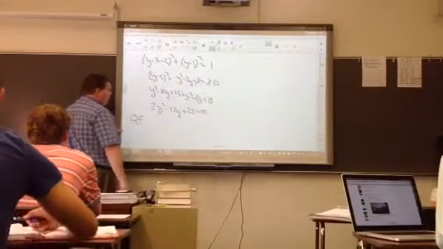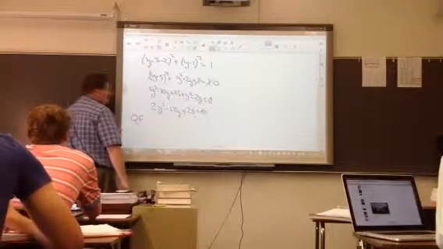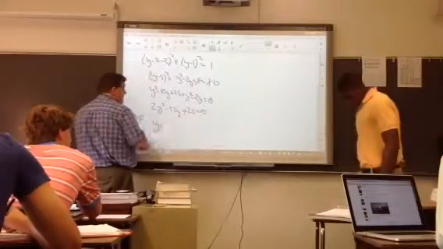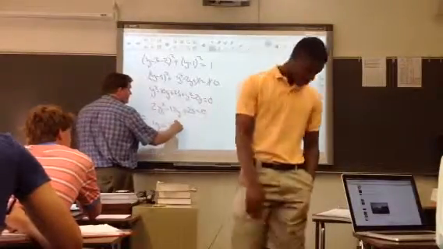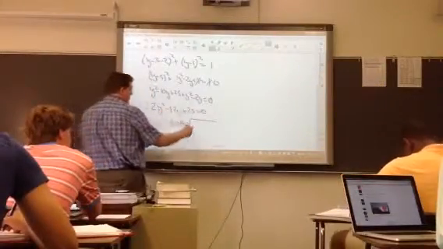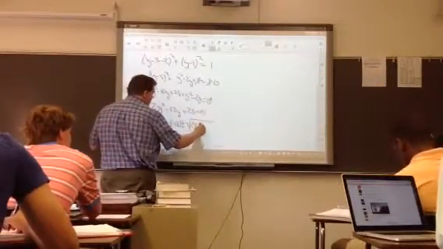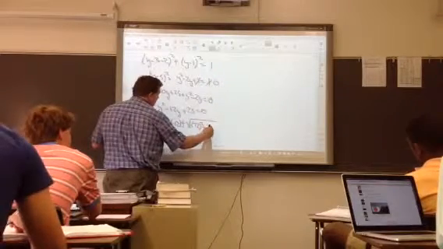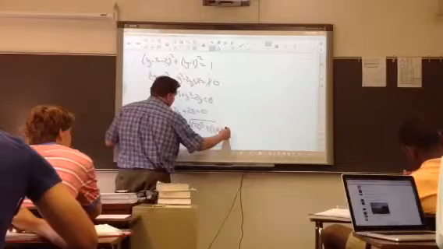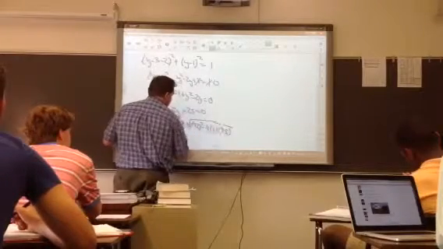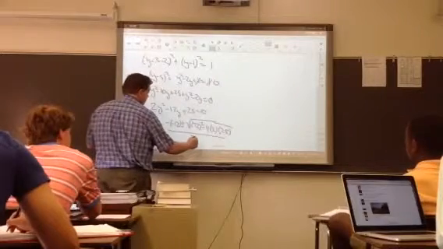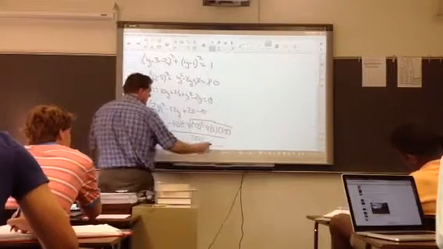The quadratic formula works just as well with y's as it does for x's, except y then will be equal to minus negative 12 plus or minus the square root of negative 12 squared minus 4 times 2 times 25, all over 2 times 2.